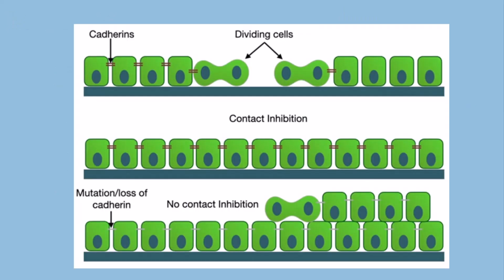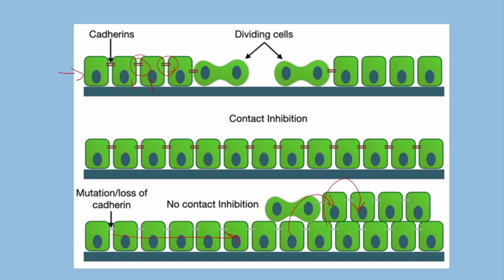So here in this picture you can see the job of E-cadherin. As you can see, in a normal situation, when the cells are dividing, the E-cadherin causes the tight attachment between two cells. But when we do not have E-cadherin, the cells are not going to proliferate in a linear pattern, but they are stacking together and causing expansion, especially in the case of lobular carcinoma, expansion in the lobular system.